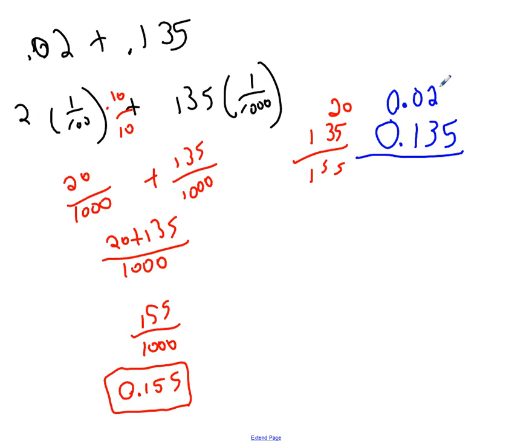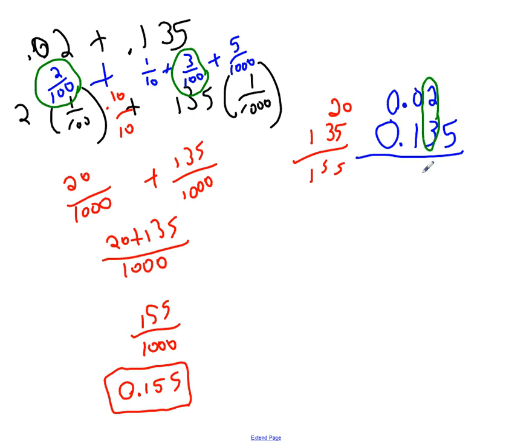Really what we're doing is a bunch of addition where we separate this out as 1 tenth, 3 hundredths, and then my 5 is 5 thousandths. And this has no tenths, it just has 2 hundredths. 3 hundredths plus 2 hundredths is 5 hundredths. That's what we're doing.